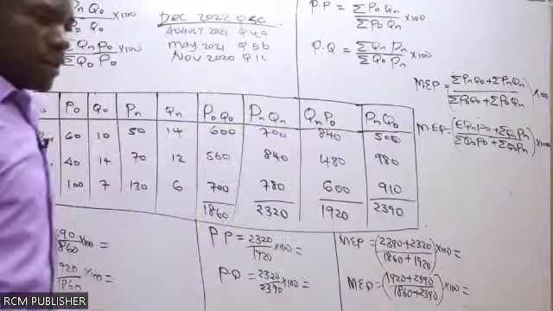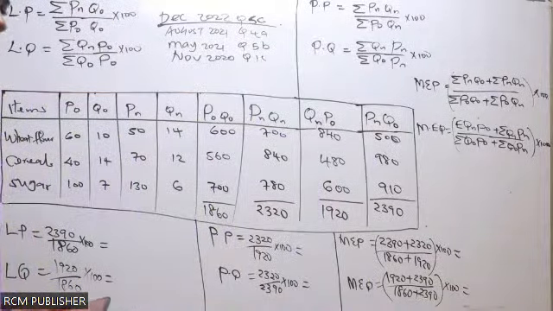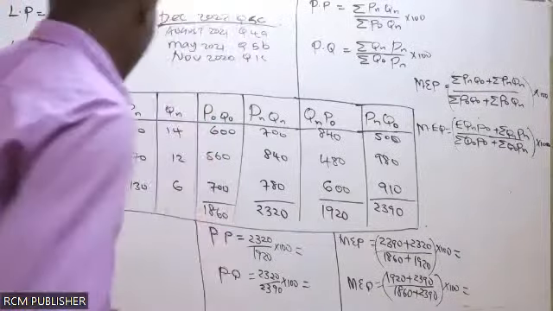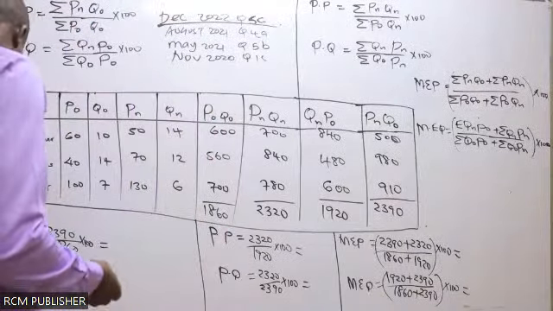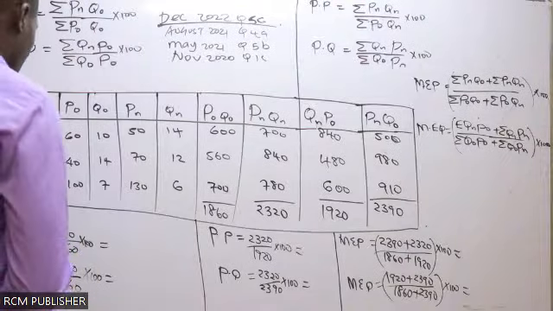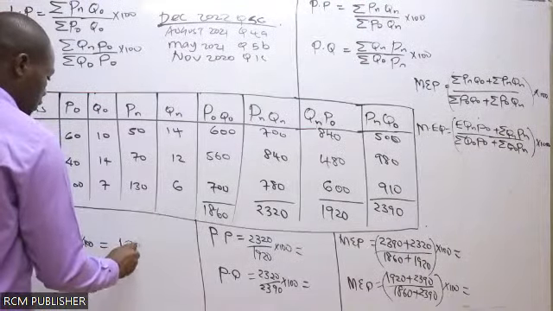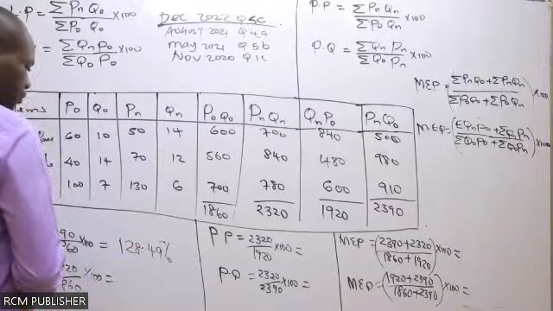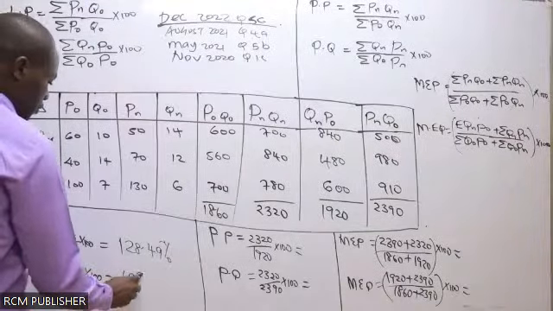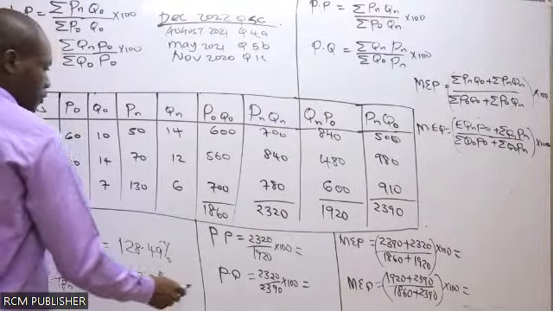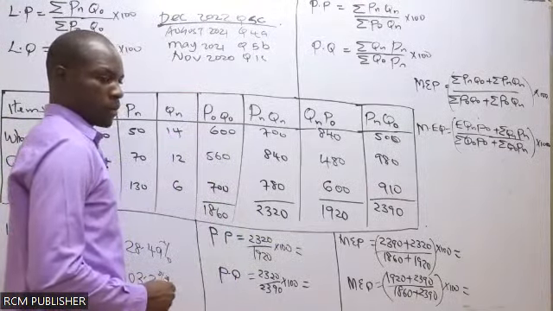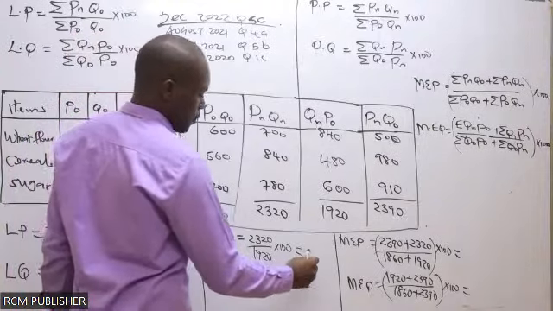So what are the answers there? LP is 128.49%. 103.23%. This PP is 120.83%.